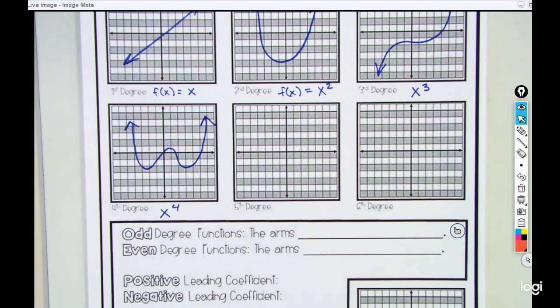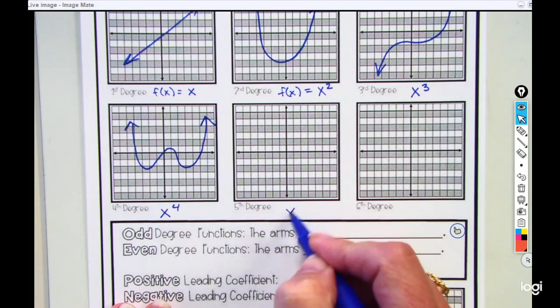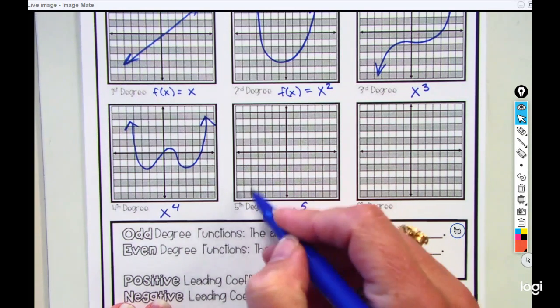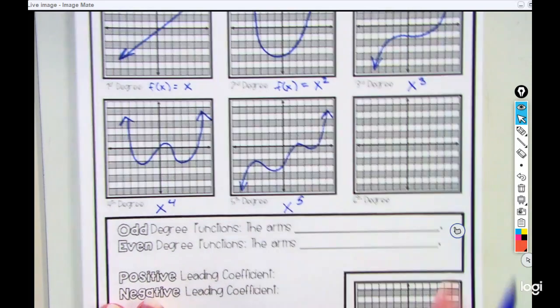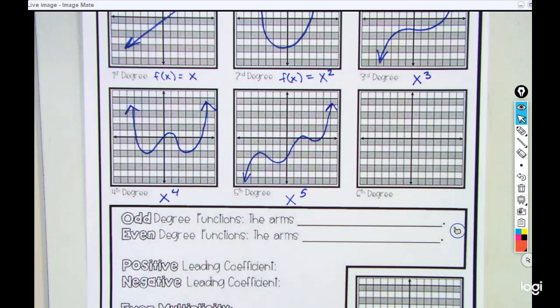Something like that. Degree 5. Oh, it's getting really crazy now.